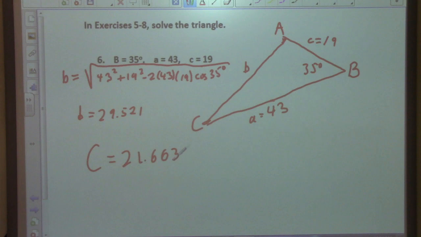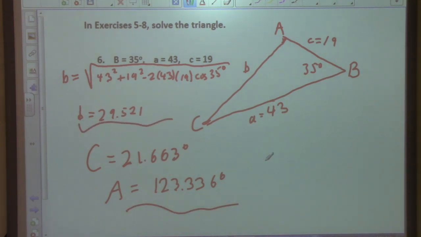Yes, and then angle A, the last one. And when I added the bracket for angle A, I got 123. Okay. So these all should be right.